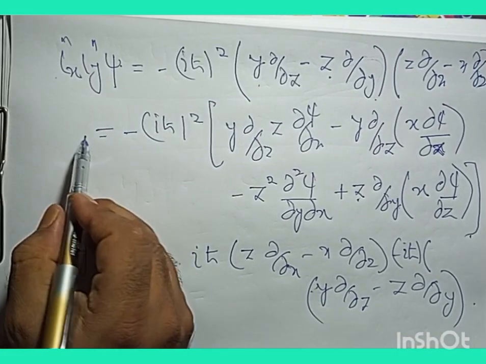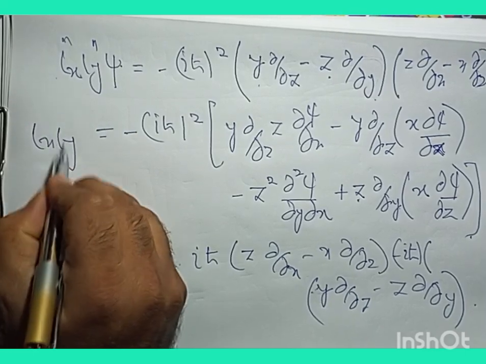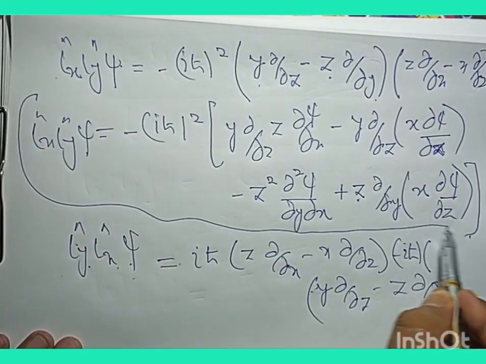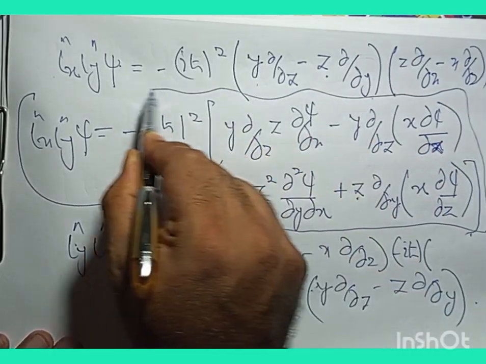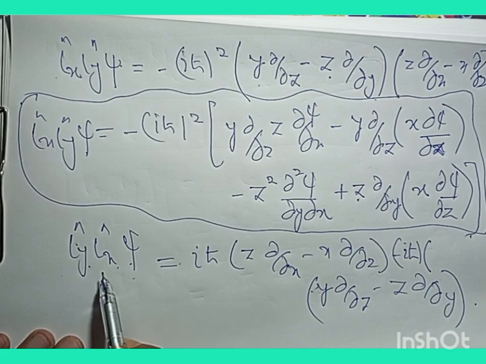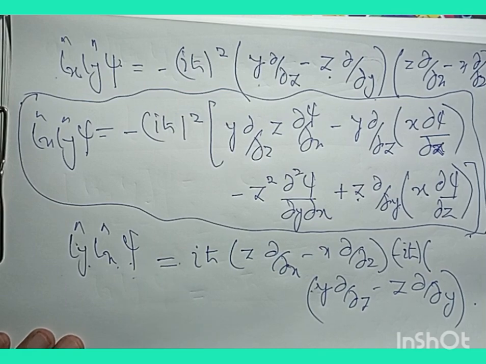Okay, so this is our result for Lx, Ly cap and ψ. So it must be frozen into some lines. All right, and now we will have to do the same algebraic evaluation of Ly cap, Lx cap, ψ.